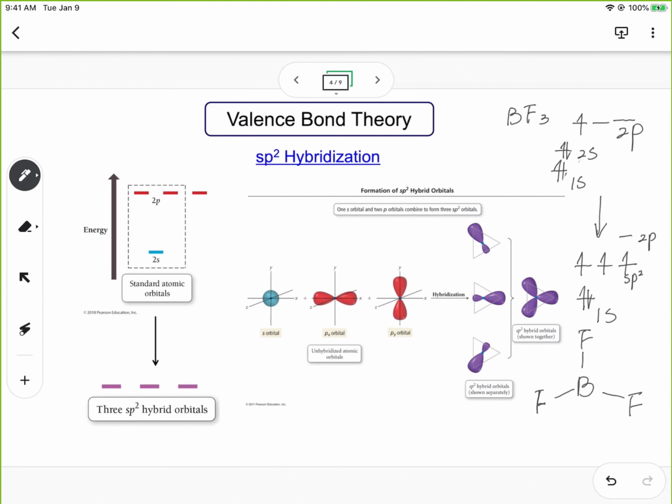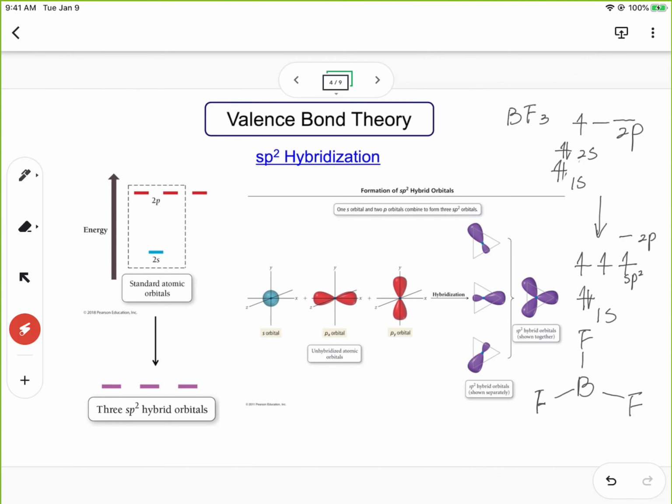And again you can see that those 3 bonds are identical, with bond angle 120 degrees, and this can be well explained by the 3 identical sp2 orbitals. If they are identical, then you will form 3 identical bonds.